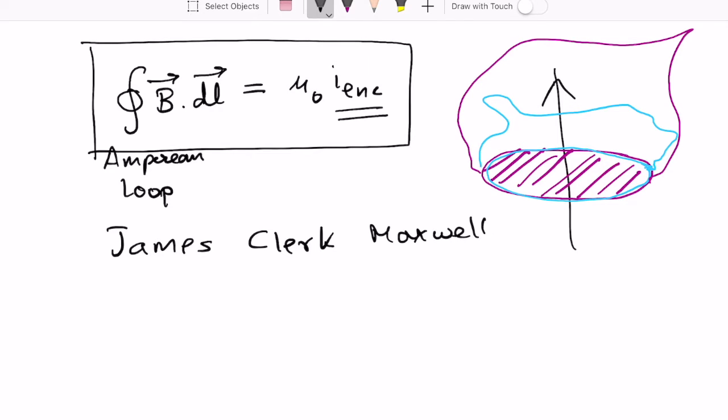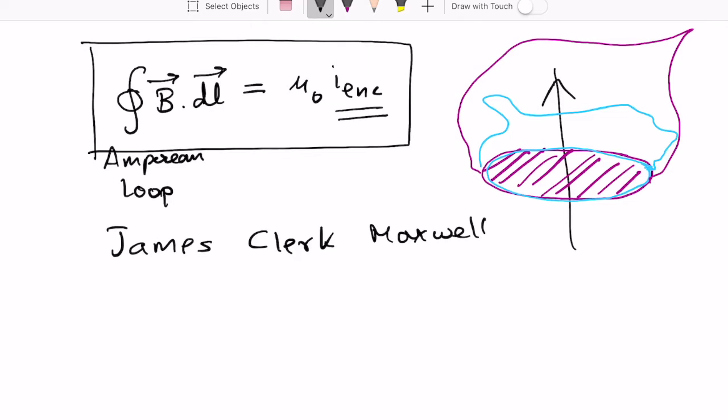Maxwell noticed that this equation is not mathematically consistent. I'm not going to get into the details of what the precise problem was, but using a little bit of vector calculus, you can show that this equation is not mathematically consistent.